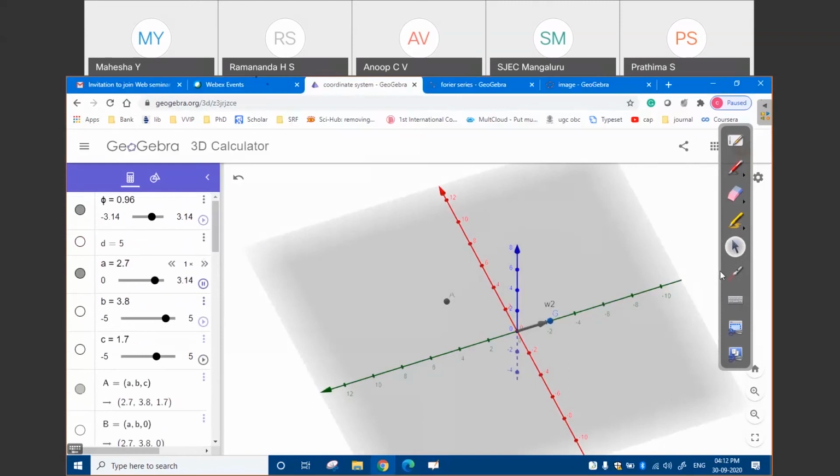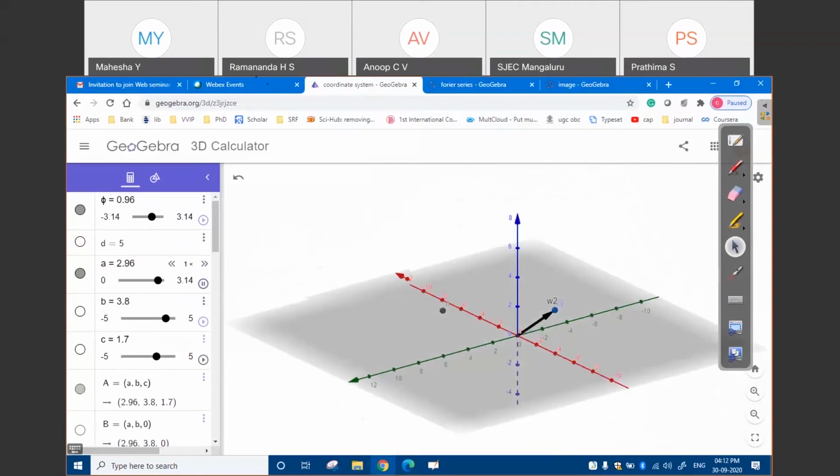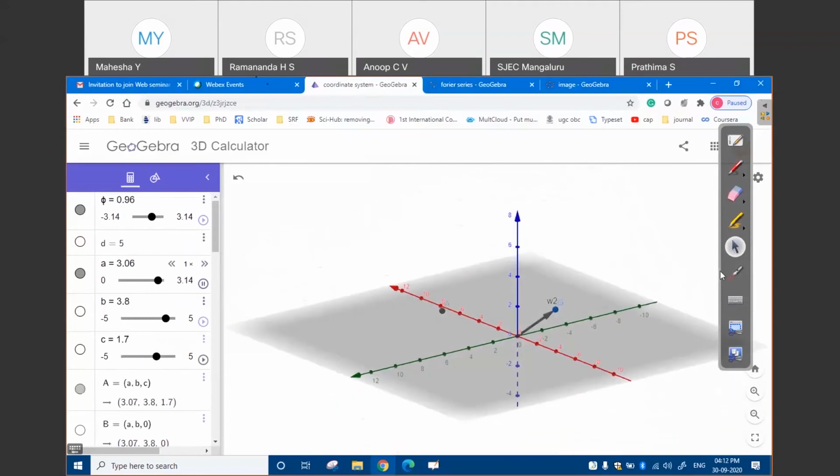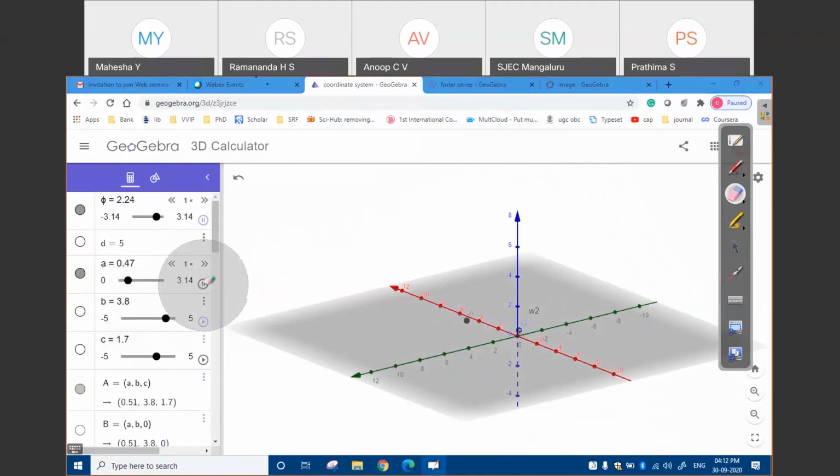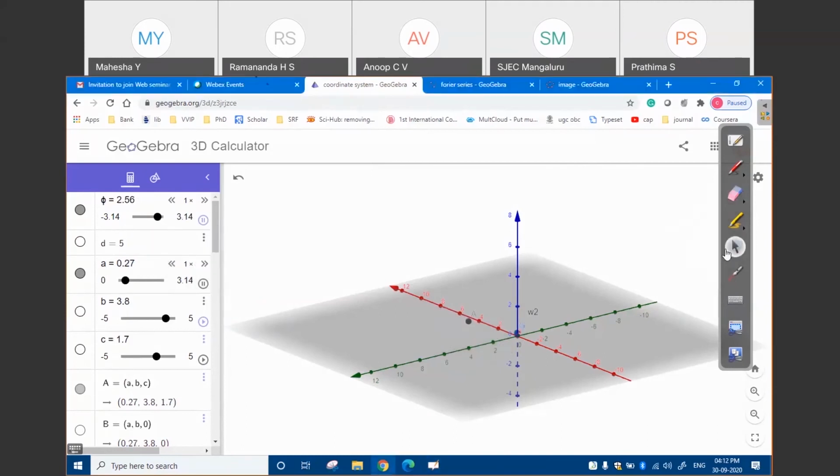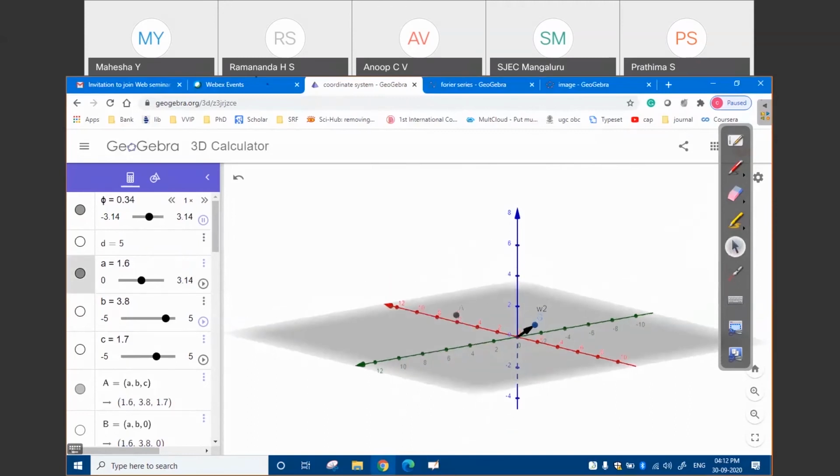If I change the value of A, you can see the vector increasing its radius along the same line. So you can reach different points, but by setting the value where I have to project, I can change the value of phi. If I am not changing the value of r, I'm only changing the value of phi.